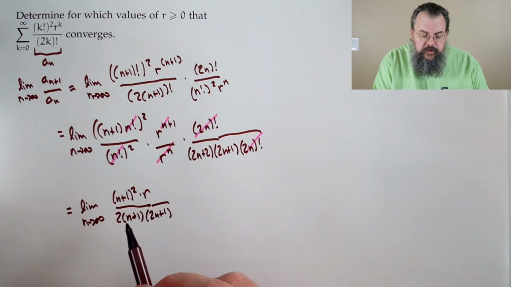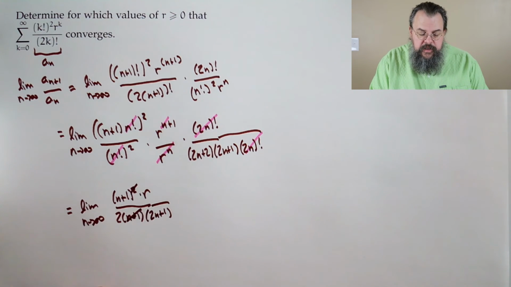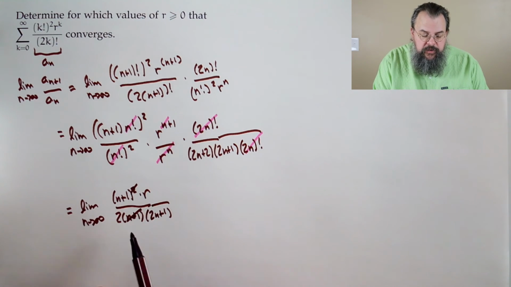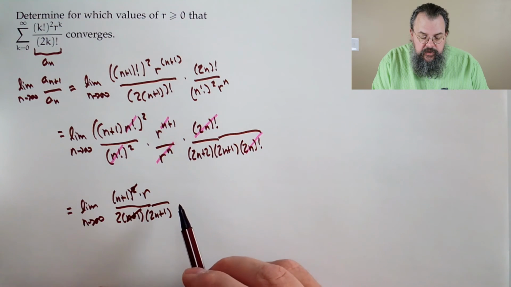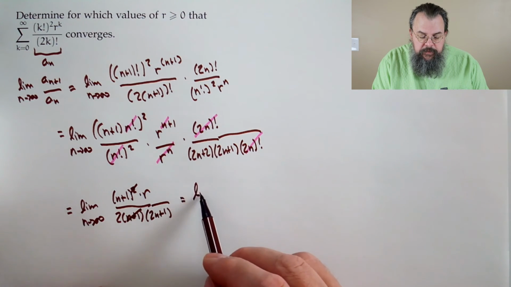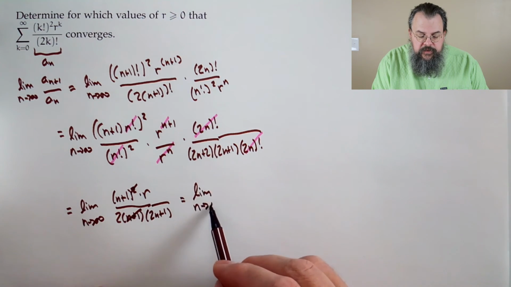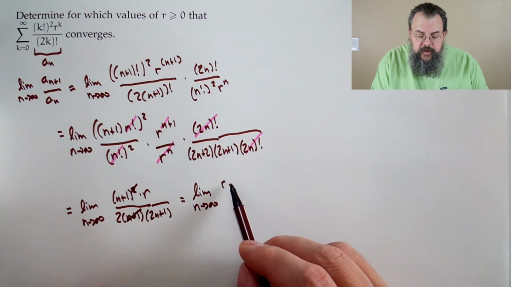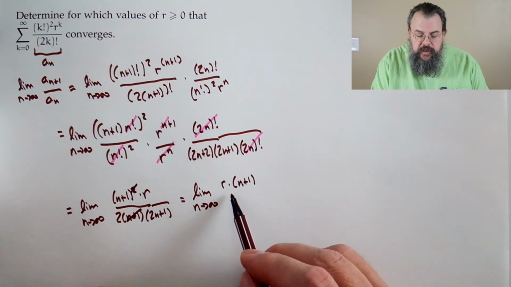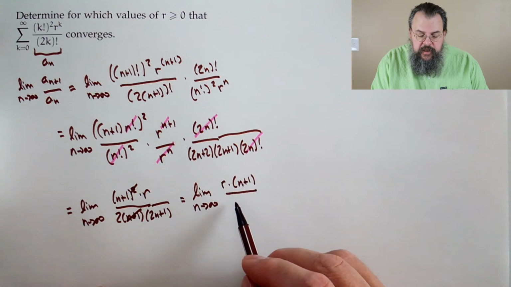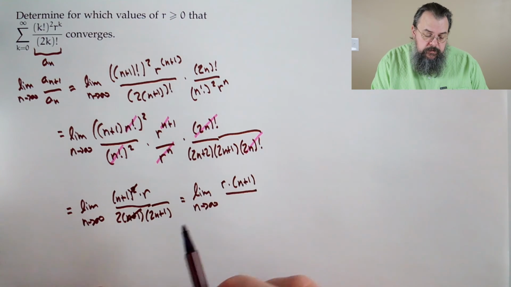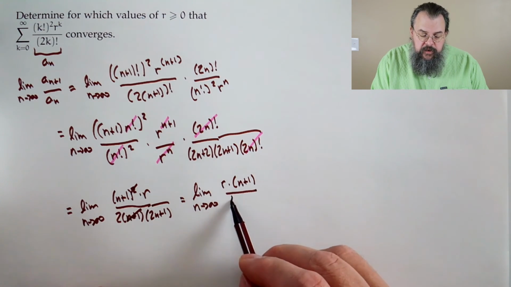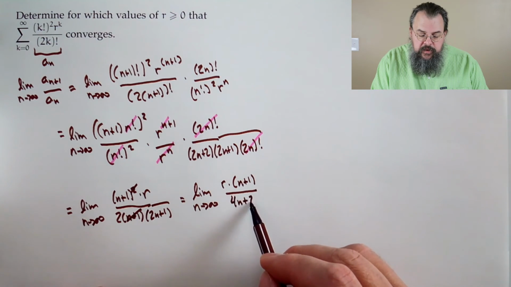Yep. So you can even cancel off an n plus 1. Okay, so this is the limit as n goes to infinity of actually something really simple. It's r times n plus 1 divided by, downstairs we'll have, well, you can write this as 4n plus 2.